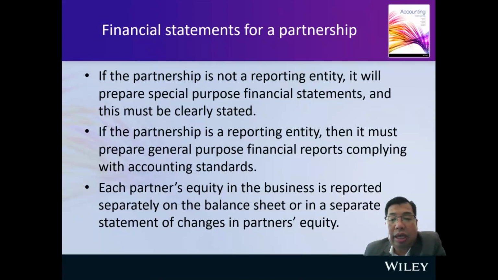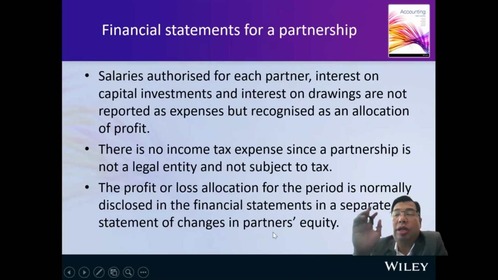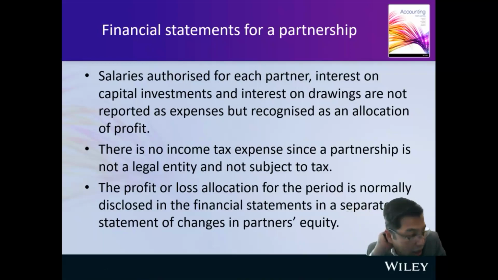Each partner's equity in the business is reported separately on the balance sheet or in a separate statement of changes in partners' equity. So we have one section for the capital. We're going to split it into a detailed breakdown for each of the partners.